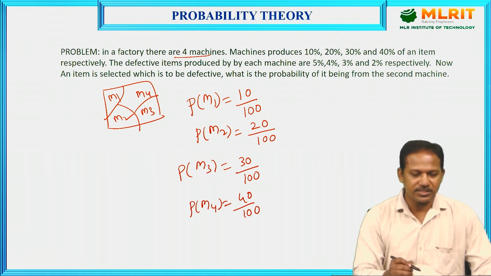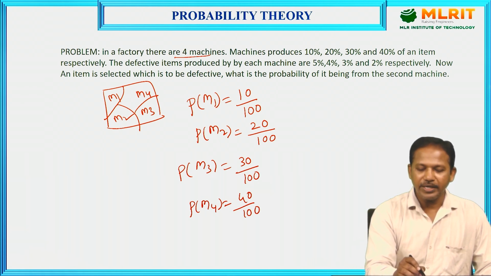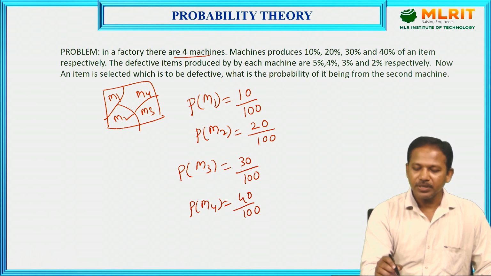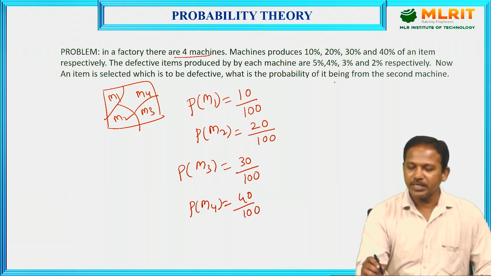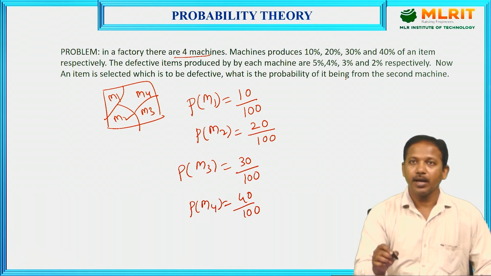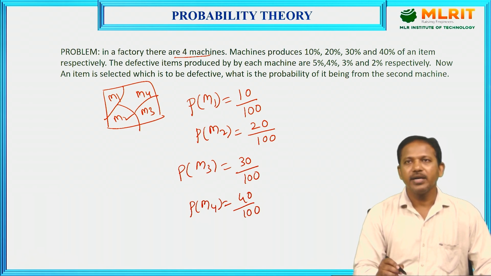Next, what is he asking? The defective items produced by each machine are 5%, 4%, 3%, 2%. Now, I need to assume one defective probability.